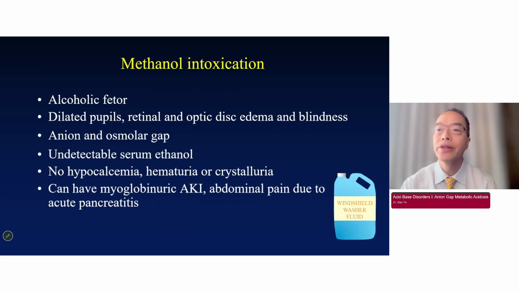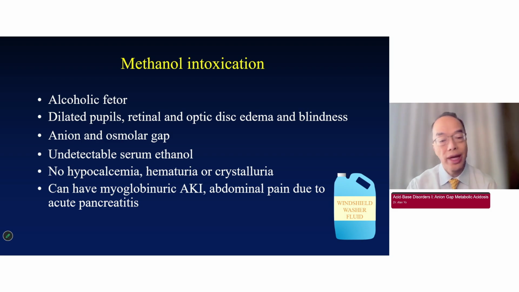Next, we'll move on to methanol poisoning. So this also causes intoxication of the patient. Generally, they do have an alcoholic fetor. This is toxic to the eyes, so it can cause a dilated pupil, retinal and optic disc edema, or even blindness, and this can be permanent. So this is a serious complication. It does, of course, cause an anion and osmolar gap.